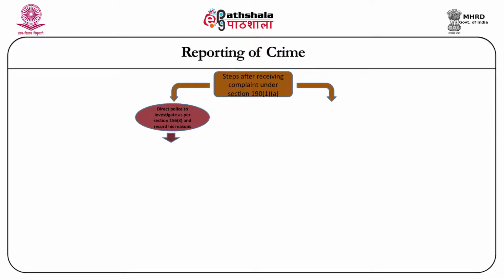Alternatively, he may take cognizance of the offence under section 200 read with section 190 1 A of the code. Where the magistrate directs an investigation under section 156 clause 3 of the code and police files a report under section 173, he may take cognizance of the offence under section 190 subclause 1 B of the code.